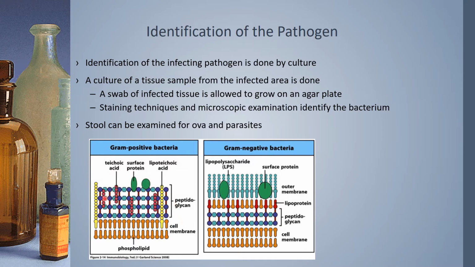So under a microscope, we would take a look at that, and it would show up in a certain color, versus gram-negative would show up in a different color, related to how the cell membrane and the outer membranes react to the staining techniques. Also, the stool can be examined for ova or eggs and parasites that might help us identify the pathogens that we were dealing with.